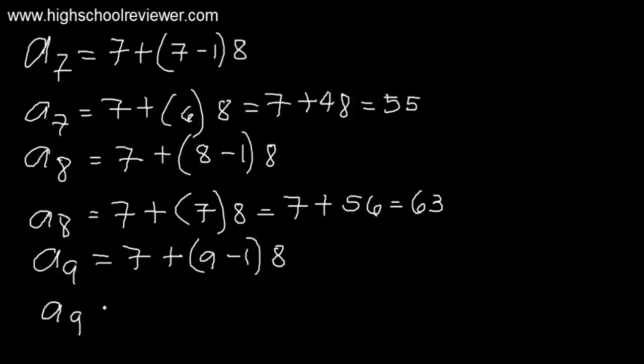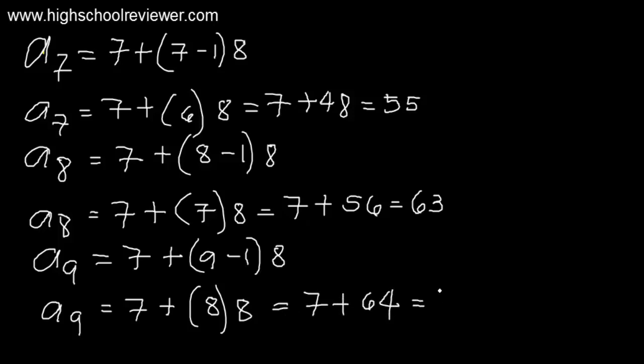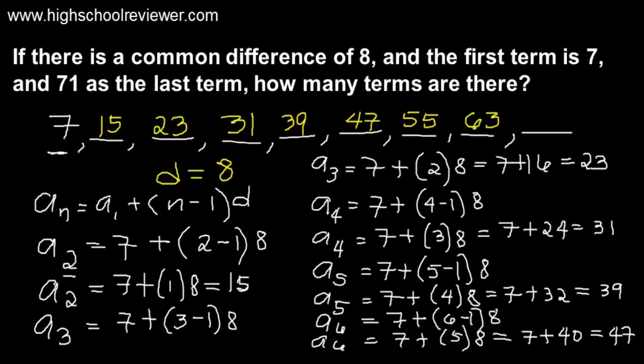A sub 9 would be equal to 7 plus 9 minus 1, which is 8, so this will be 8 multiplied by 8. And we have here 7 plus 64, so this will be equal to 71. So we will stop here. Our final term is positive 71.